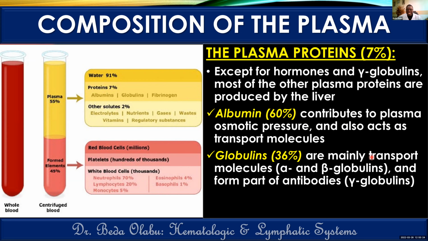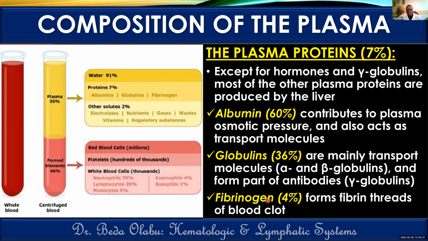So those ones are transport molecules, and those ones come from the liver. But we also have the gamma globulins, which I've already mentioned are produced by the plasma cells. They are a specific type of white blood cells. Gamma globulins form part of antibodies, so they are useful in defense against infections.